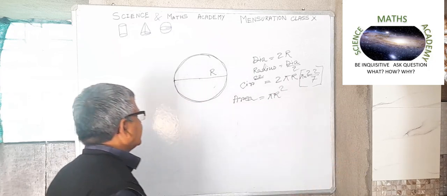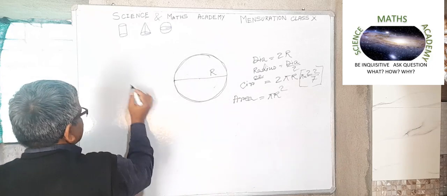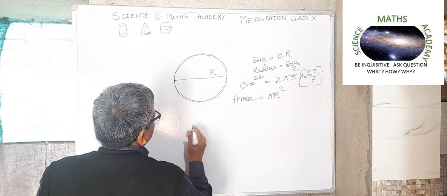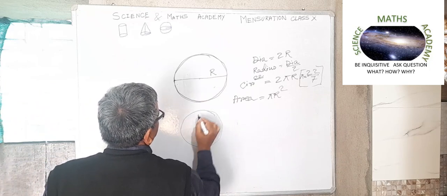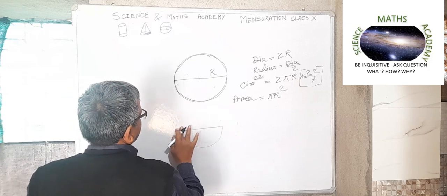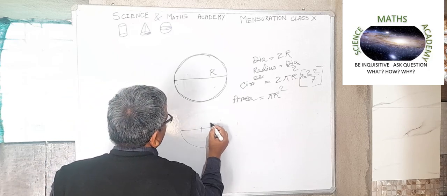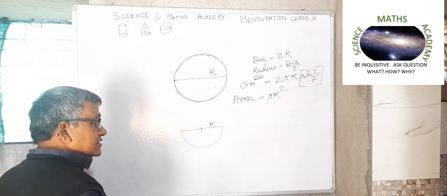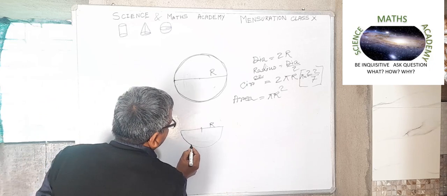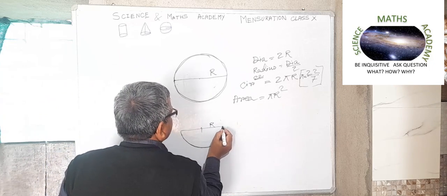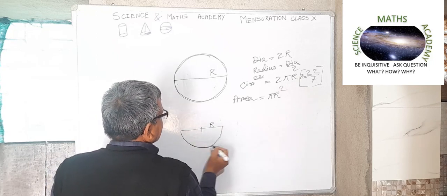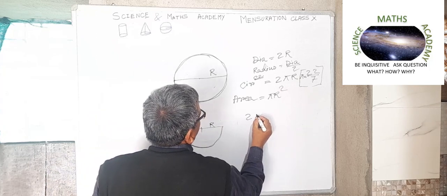Now semicircle, which means half circle. Here the radius is r, so what will be the circumference? I told you that you have to move around the boundary. The full circle is 2 pi r, so this will be 2 pi r by 2.